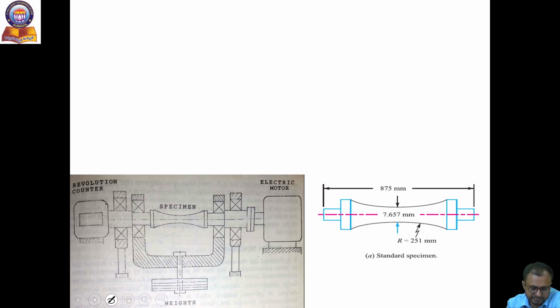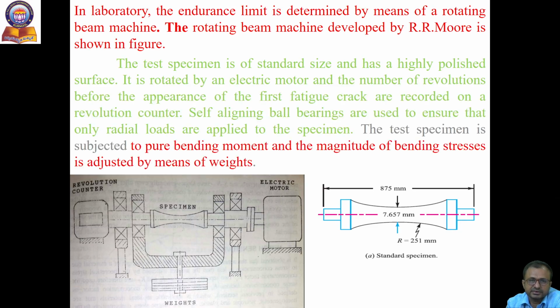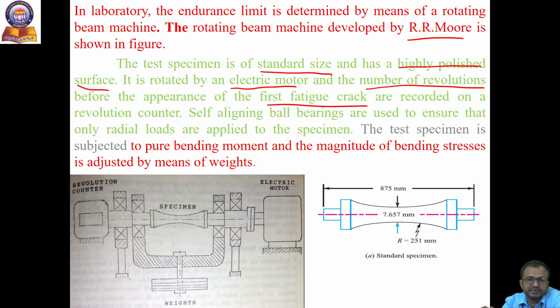Next, the endurance limit is determined by means of a rotating beam machine, as we already know. This was proposed by R.R. Moore. It has a standard size and highly polished surface finish and is rotated by an electric motor, and the number of revolutions before the appearance of the first fatigue crack is recorded on a revolution counter.